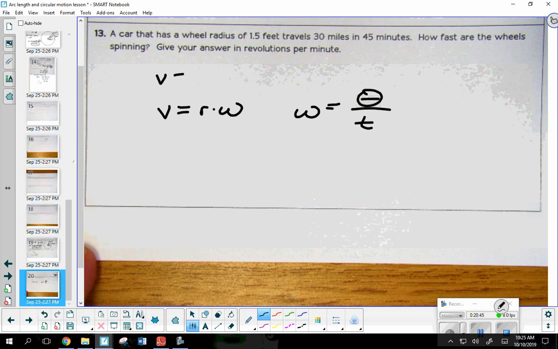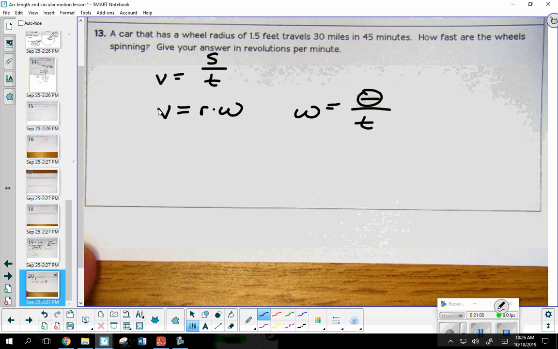We also know that linear velocity is equal to the distance divided by the time. You remember when I introduced the distance equals rate times time formula and we kind of equated the two? We just changed the variables depending on what we had. Well, the reason I go ahead and bring this one up is because the problem states it in such a way that that original formula is very useful to me.